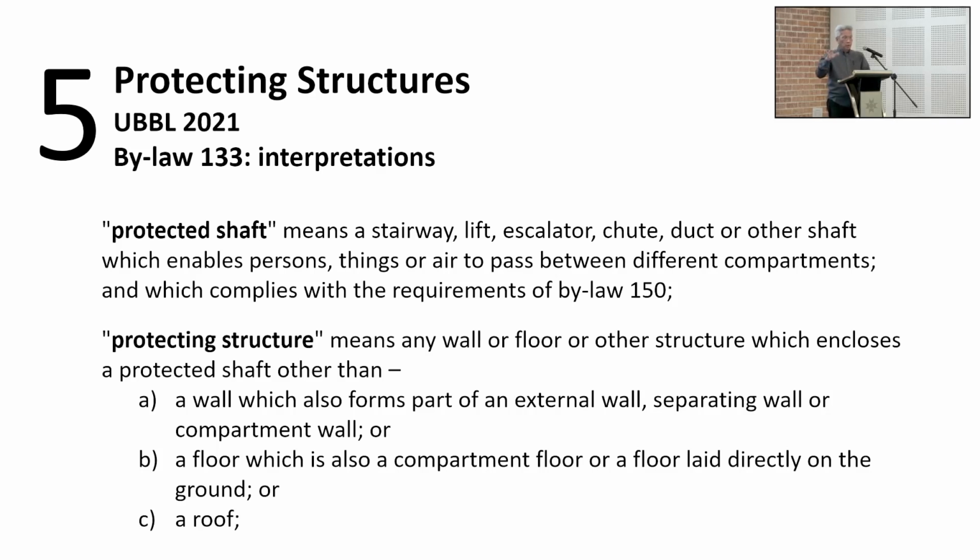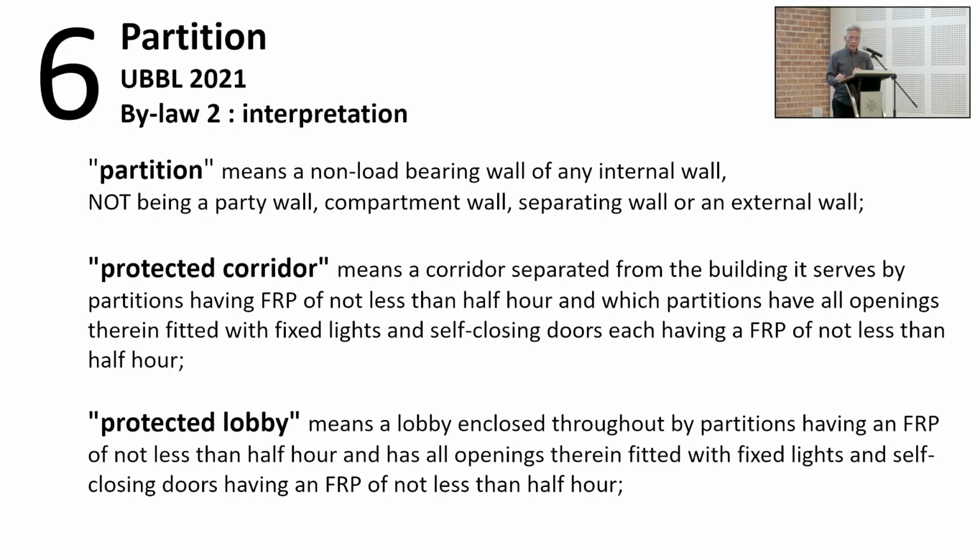On compartment floors, we do have another bylaw that defines where and how you need to do compartment floors. So a protected shaft is any shaft, anything that will be penetrating through compartment floors, that will have to be protected. Which means all your stairs, lift cores, services risers, anything that's going through compartment floors.